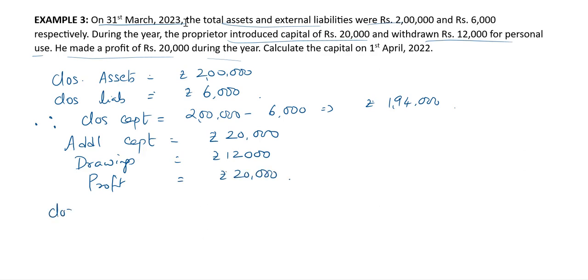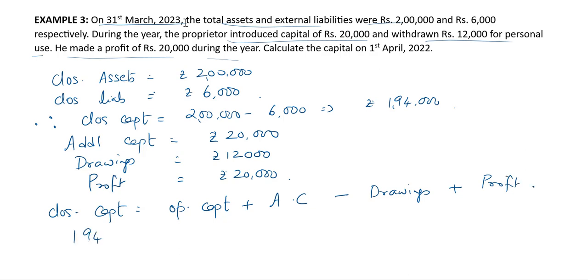So we have the equation that closing capital is equal to opening capital plus additional capital minus drawings plus the profit. So closing capital we found out to be 1,94,000 is equal to opening capital we need to find out plus 20,000 additional capital minus the drawings of 12,000 rupees plus profit of 20,000 rupees.